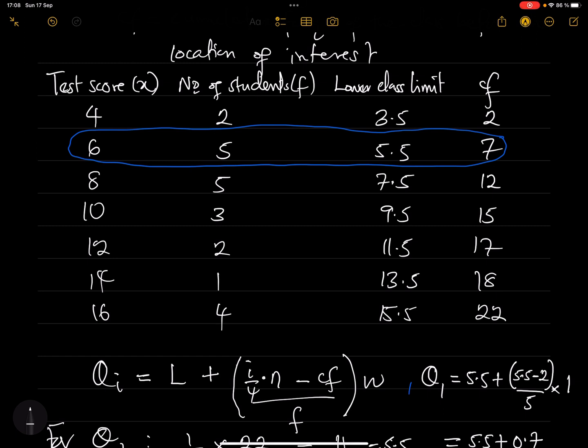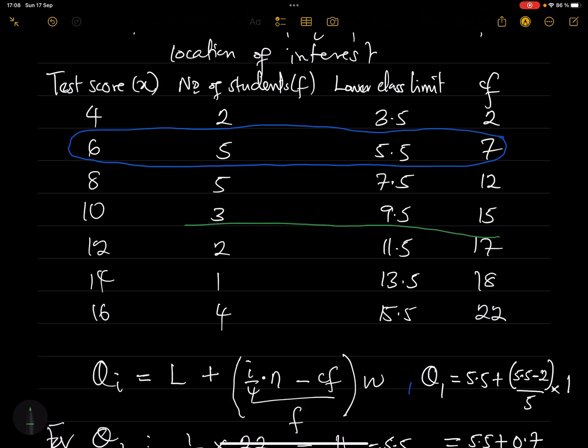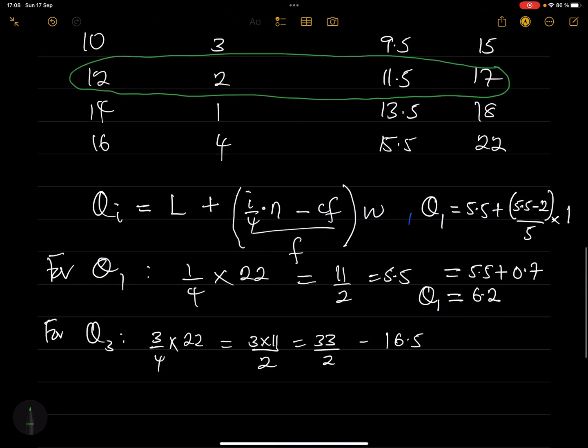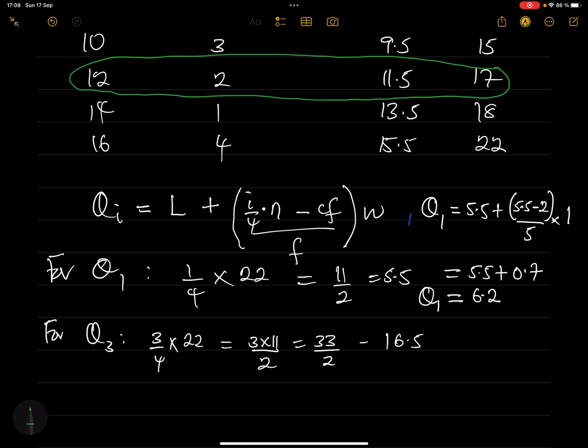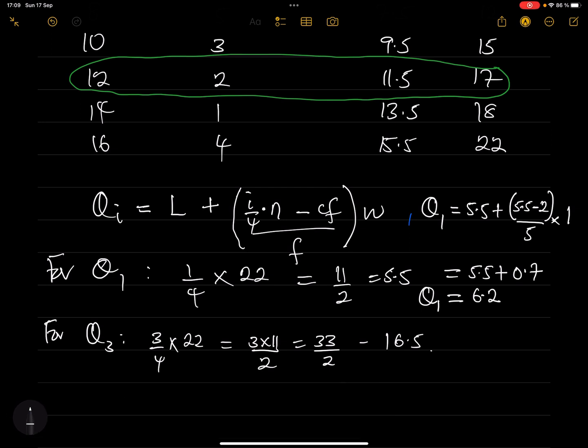Let us change the color as we did before, but this time around, I'm picking a different color. So for Q3, the location of interest is here. Good. If we have got this correctly, then things become easier. So now we can go straight to compute our Q3. Q3 will now be the lower class limit of the location of interest, which is 11.5.